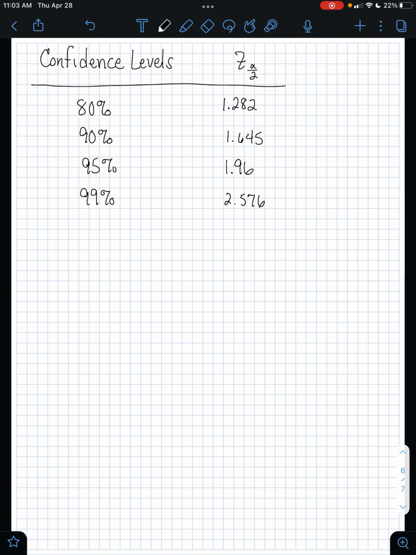Now, again, you can find a z-score for any level of confidence by doing the procedure that I showed you in the previous examples. You take the confidence level, and that's the area in between. You take the complement of it as alpha and split that between the two tails.